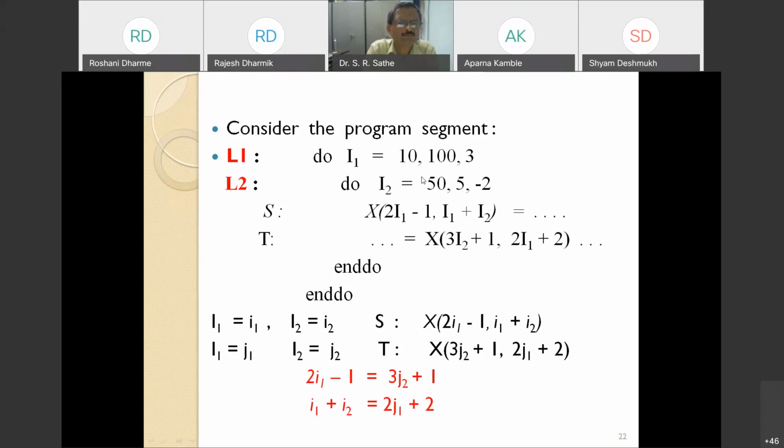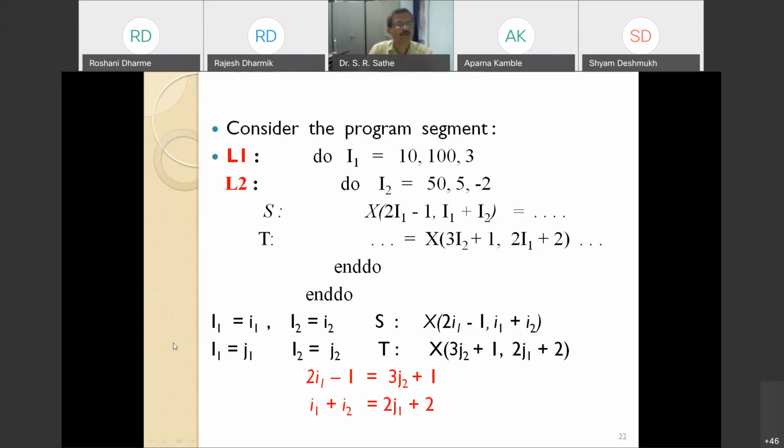So consider the program segment given below. L1 is a loop. I1 runs from 10 to 100 in steps of 3. L2 runs I2 from 50 to 5 in steps of -2. And there are statements like X[2*I1 minus 1, I1 plus I2]. Now I am assuming some complicated program. And T is X[3*I2 plus 1, 2*I1 plus 2].